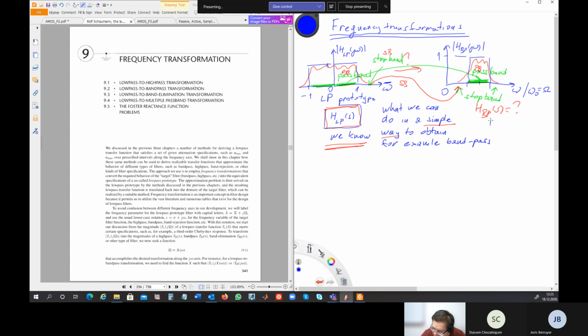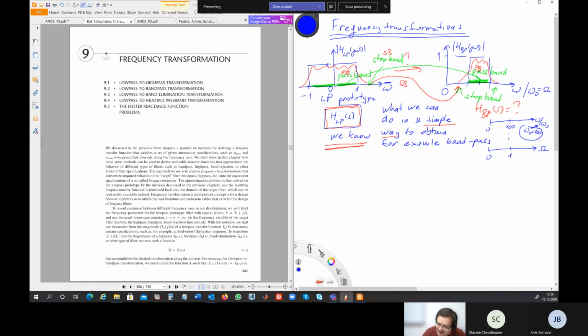What does it mean? If you have something like this, here is probably 1000 or 100, here is 0. Then if you divide by omega 0, which is equal to 100, you put this here, you will have the following axis by large omega, and here it will be 1.